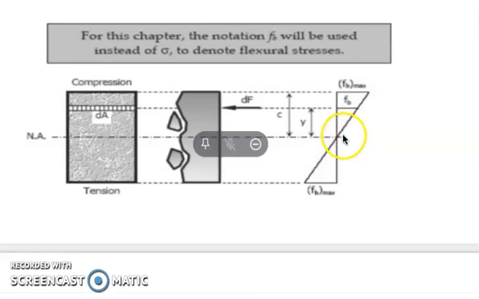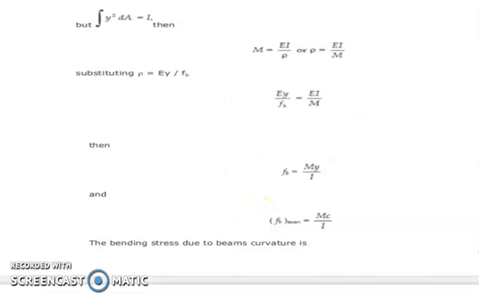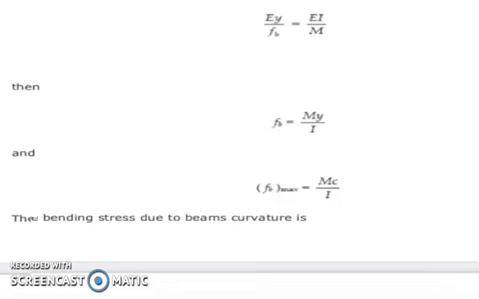On the neutral axis, the distance to this point is our y, and the distance to that point is denoted by c. Our maximum flexural stress is equal to Mc over I, where M is our maximum moment.